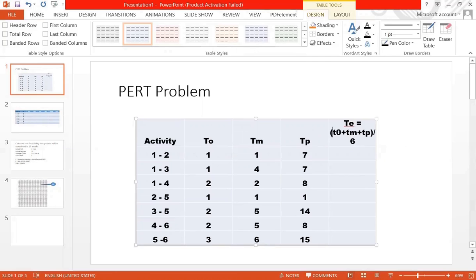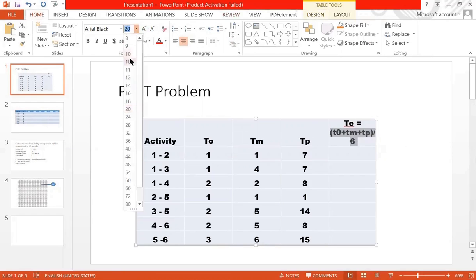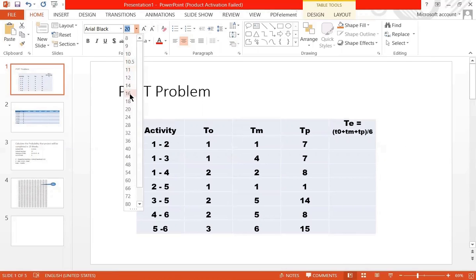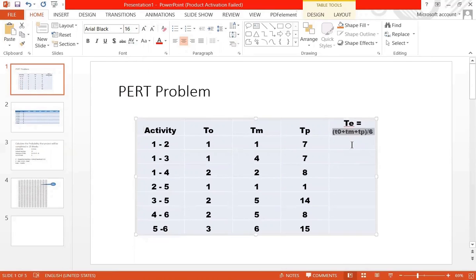This is the formula that we will use to calculate the expected time of each activity. Okay, now using this formula, we calculate the TE of each activity.